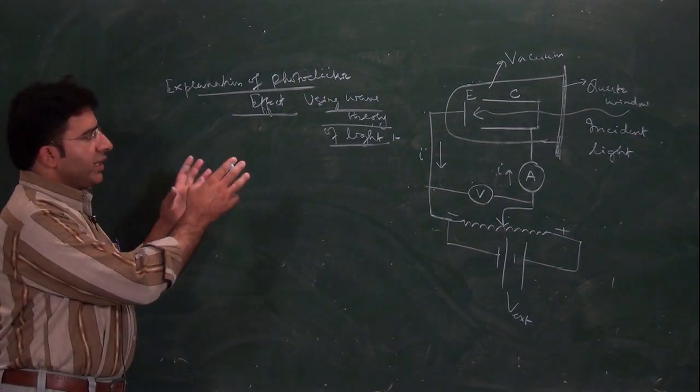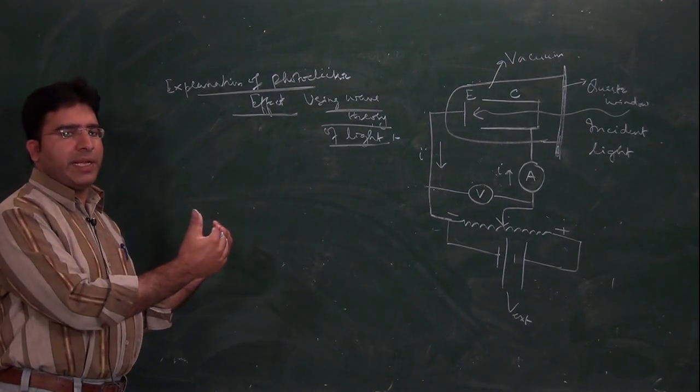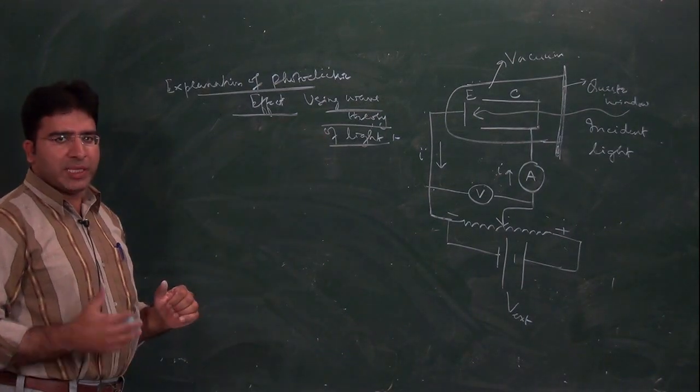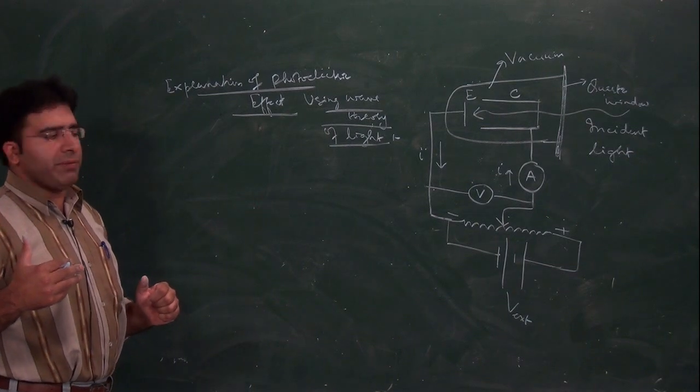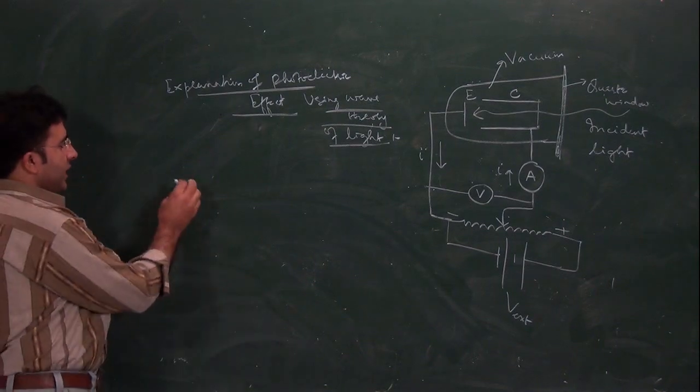So we will try to explain photoelectric effect, that means the experimental findings of a photoelectric effect using the wave theory of light, that means treating light as an electromagnetic wave. When we try to do this, there are three problems which arise.